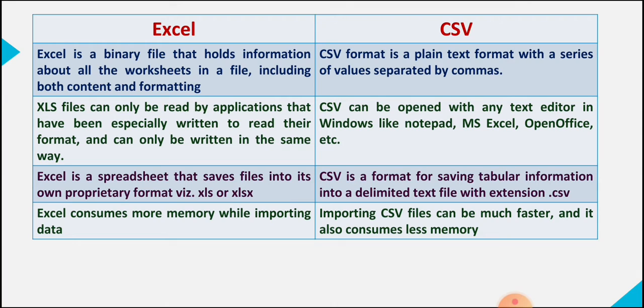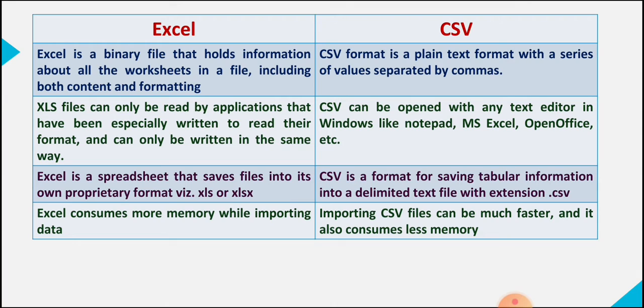In Excel we can also store the data including both content and formatting. So formatting is also stored in an Excel file, but in a CSV file the content alone is stored, there is no format. XLS files can only be read by applications that have been especially written to read their format and can only be written in the same way.